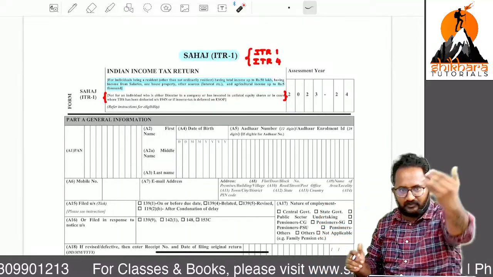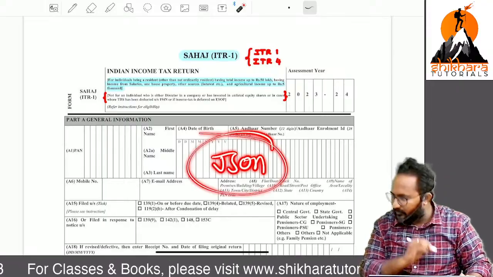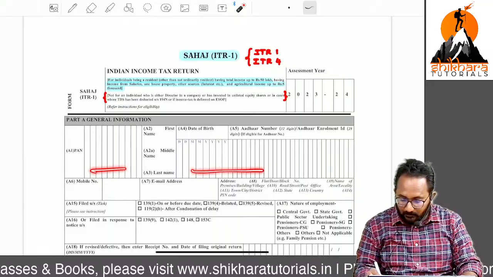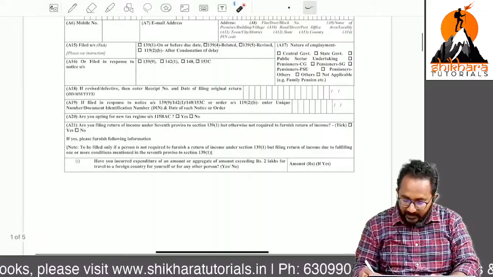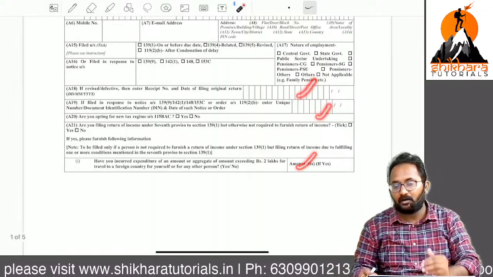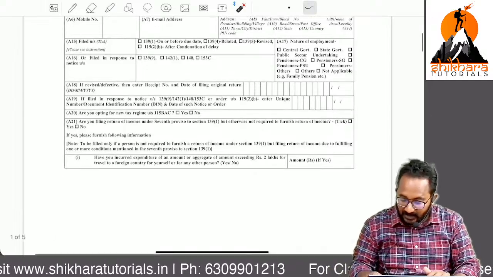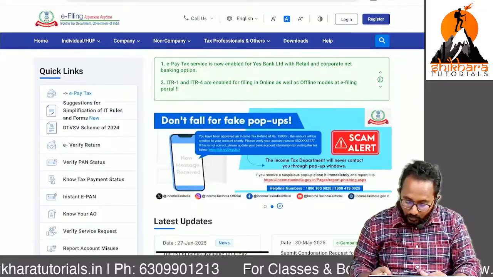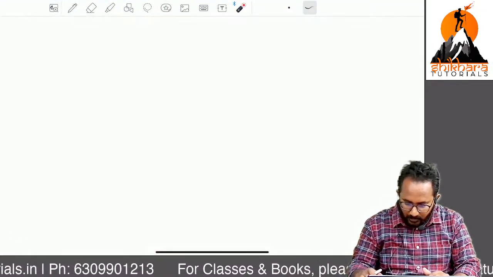Excel, Word and different formats will be there. JSON is one format you can download. If you upload the PAN number, first name, last name, Aadhaar and all the other details, everything can be pre-filled easily. That type of JSON file you can also download.